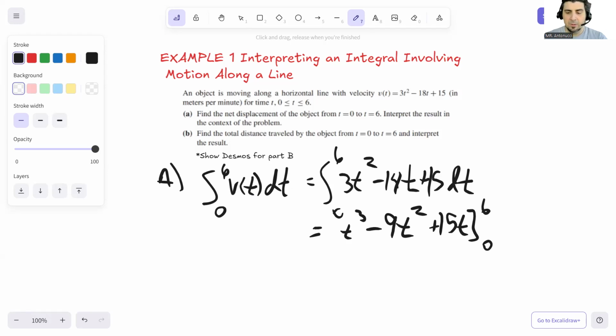Then you plug in 0 and 6, and you would end up with negative 18. So after moving from t equals 0 to 6 minutes, the object is 18 meters to the left of where it was, so this would be negative 18 meters. Since the object is moving along a horizontal line, it's left and right movement, so it's 18 meters to the left is how you would interpret that answer.